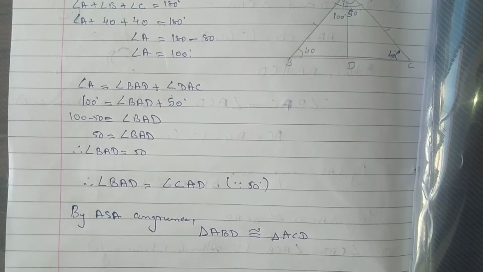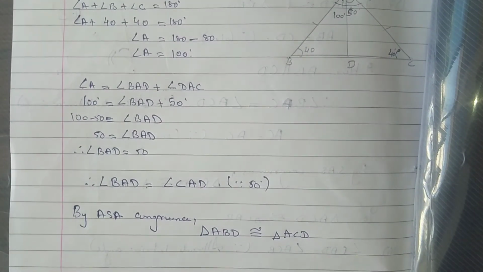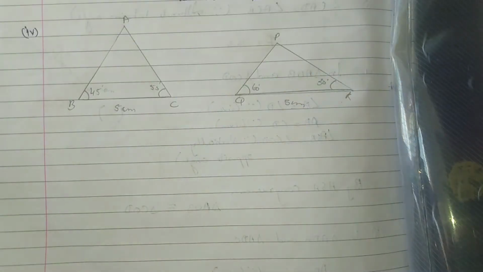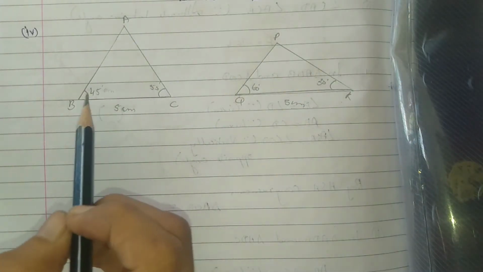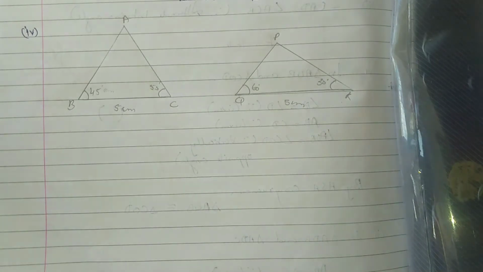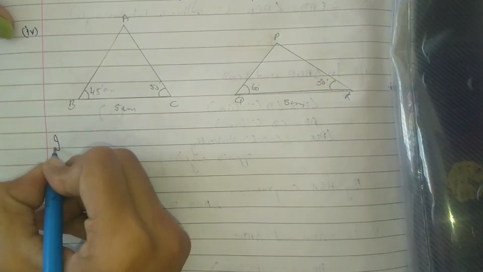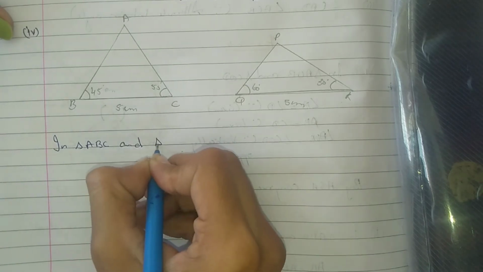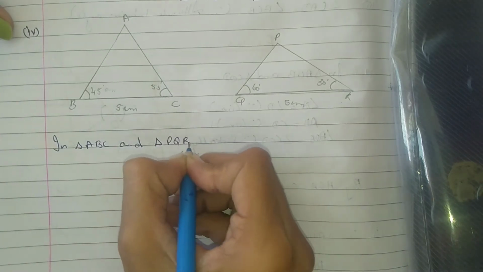These two triangles are congruent. Now let us do the fourth one. Now question 4. Here we have given these two angles in triangle ABC and triangle PQR.